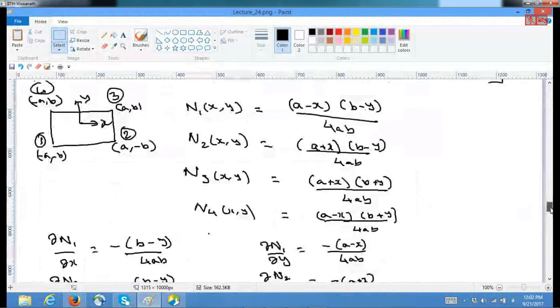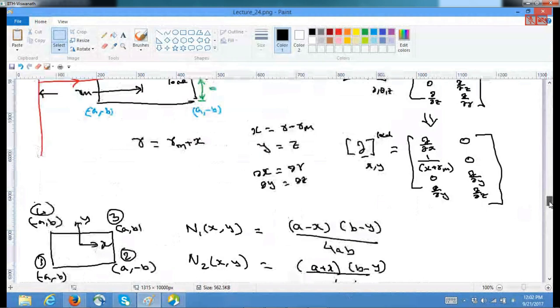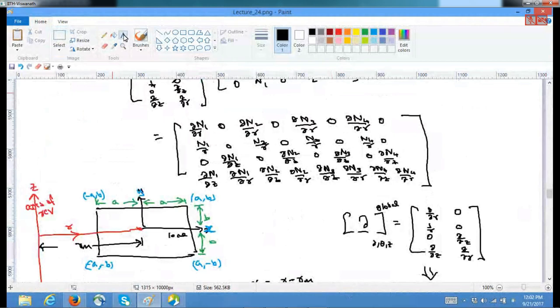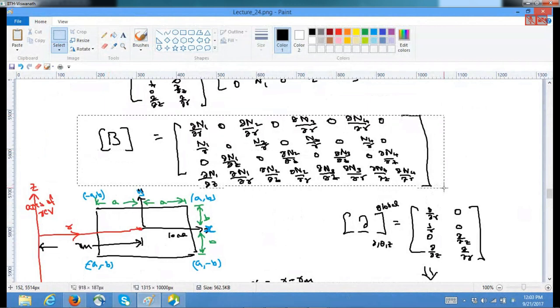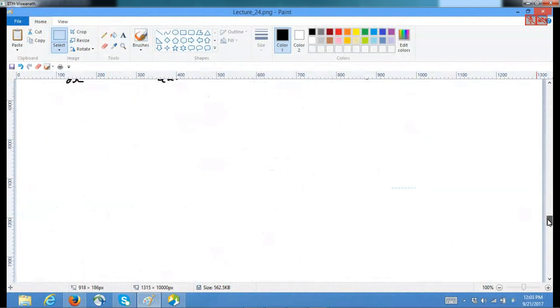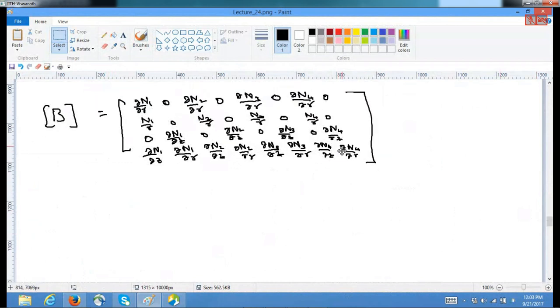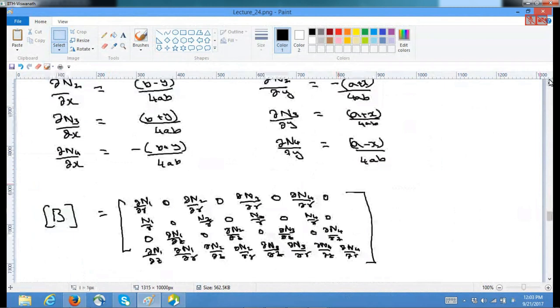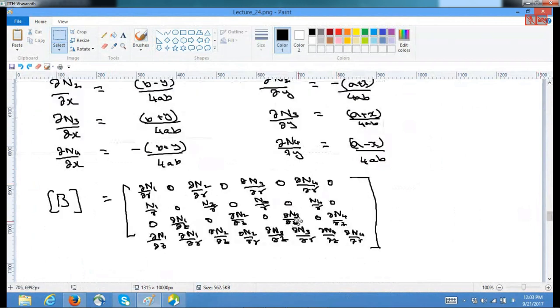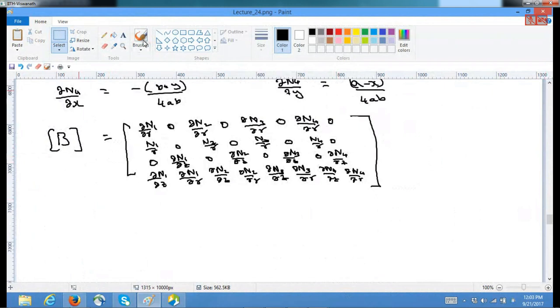Now when you multiply it, your B matrix, which was looking like this in the global coordinate system, would look the same in the local coordinate system, but you are expressing it in a different coordinate system.